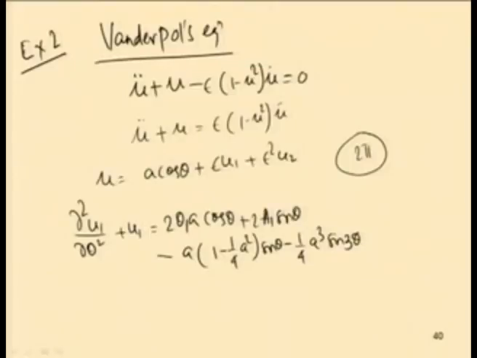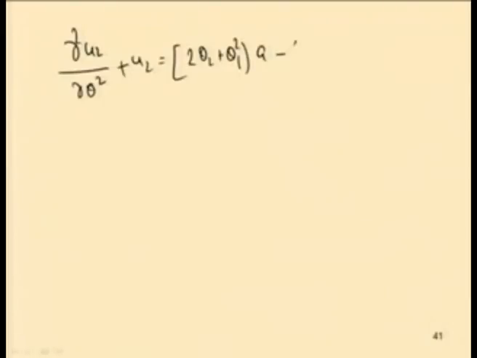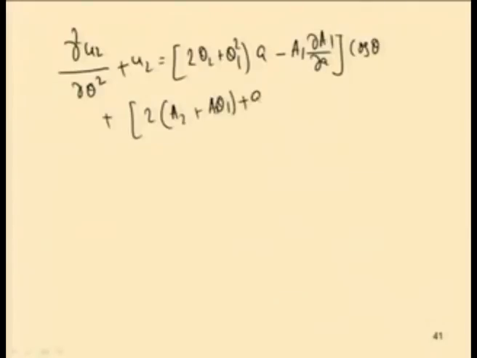Similarly, the second equation can be written in this form, that is del square u 2 by del theta square plus u 2 will be equal to 2 theta 2 plus theta 1 square into a minus a 1 into del a 1 by del a, multiplied by cos theta, similarly plus 2 into a 2 plus a 1 theta 1 plus a 1 del theta 1 by del a, into sin theta.